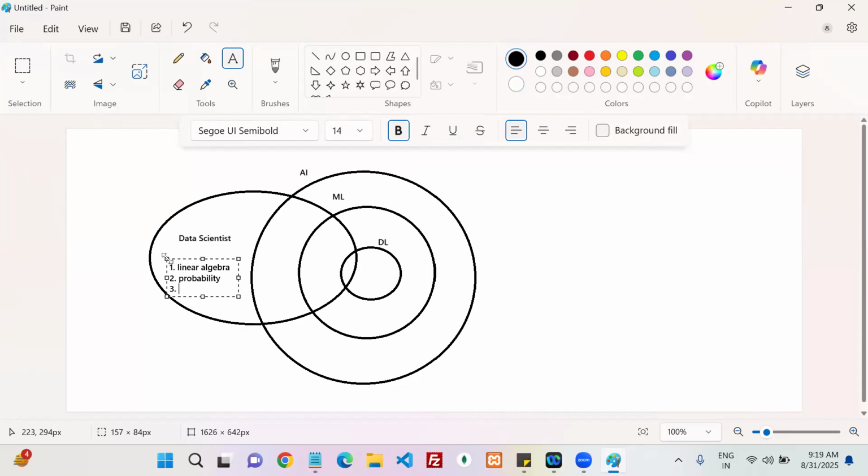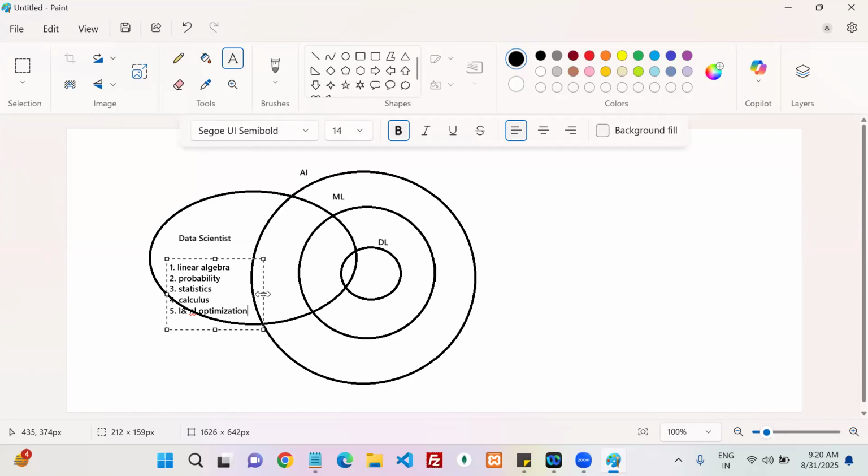The next one is calculus, just to work with the numerical data. The next one is optimization, linear and non-linear optimization. The first three we are going to use frequently in our data science.